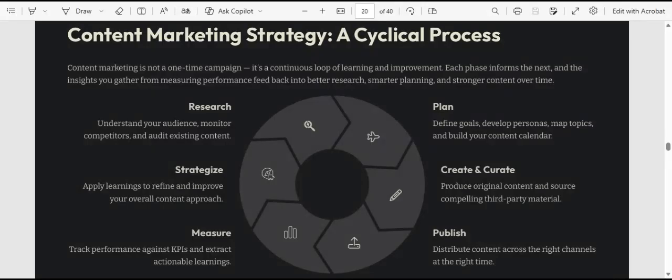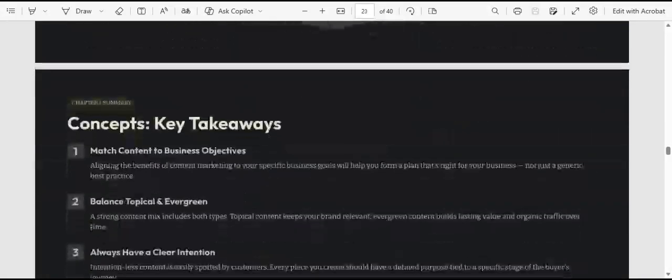You have to do your research and apply a strategic approach in the planning and distribution of the content, and you have to track measurement. You don't just wake up and post content without tracking its performance.